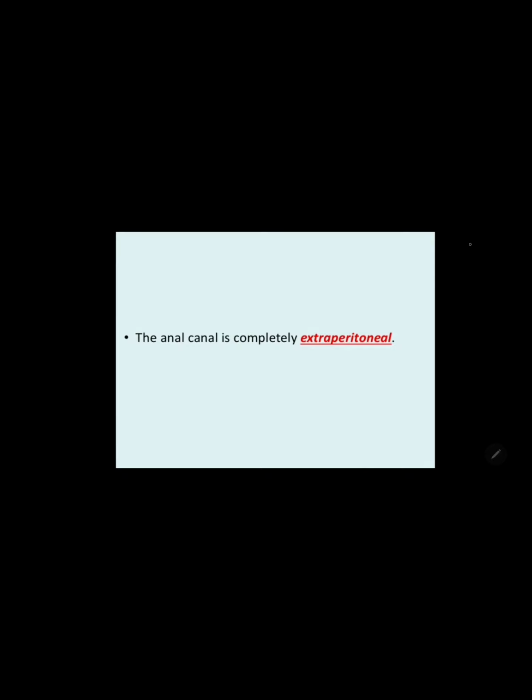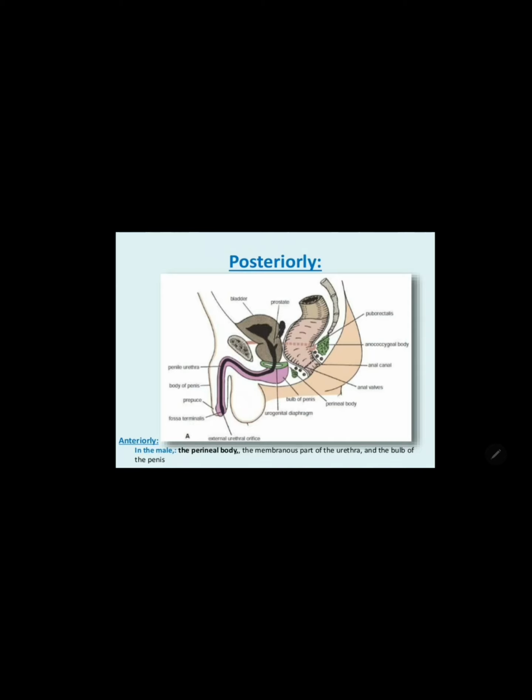Coming to the visceral relations of the anal canal, anteriorly there is the perineal body, a fibromuscular node, and you can see the membranous urethra and bulb of the penis in males, whereas in females the lower end of the vagina lies anteriorly. Posteriorly, in both sexes, you will see the anococcygeal ligament and tip of the coccyx. Laterally is the ischio-anal fossa, and around the anal canal you will see sphincteric muscle. The tone of these muscles keeps the anal canal closed.